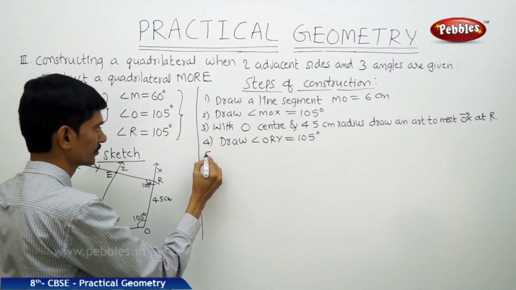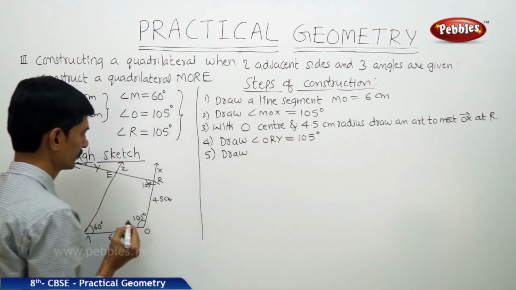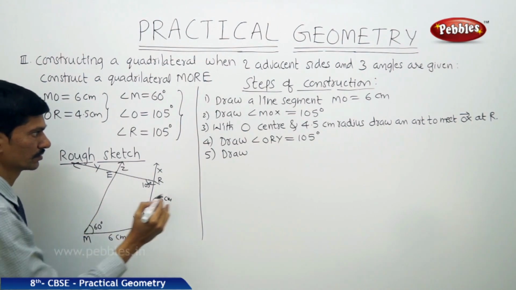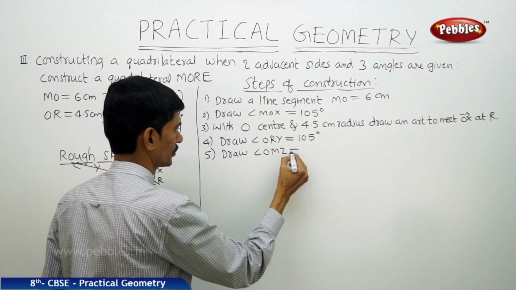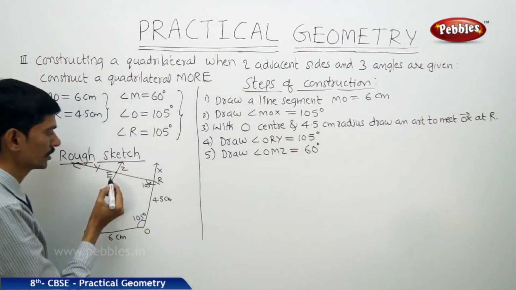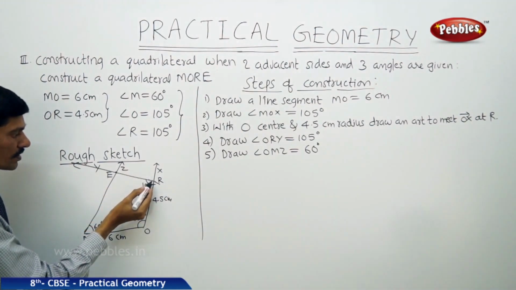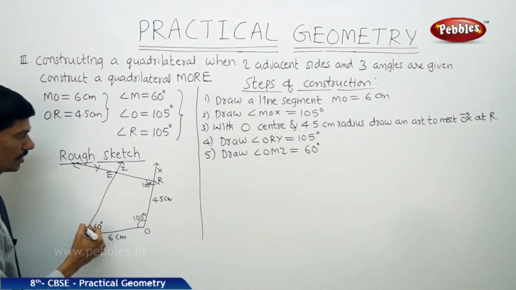Now fifth step is draw angle OMZ equals to 60 degrees. Now let E be the point of intersection of ray RY and ray MZ.